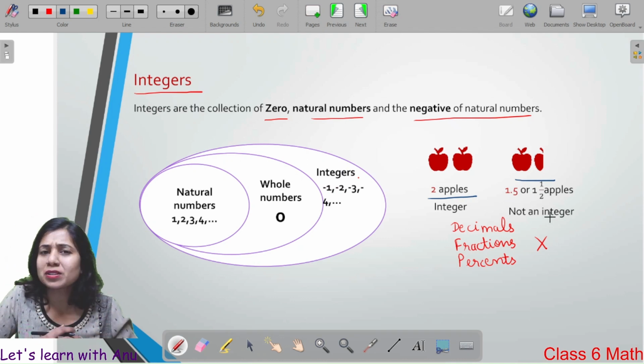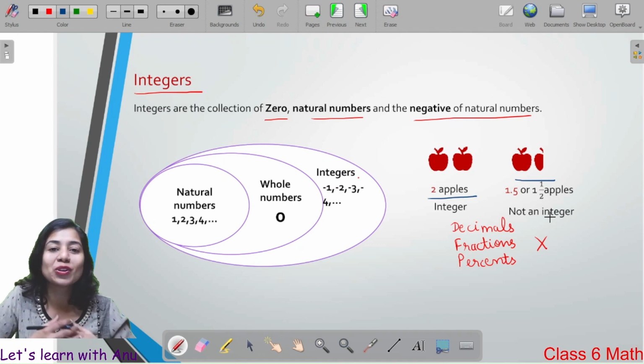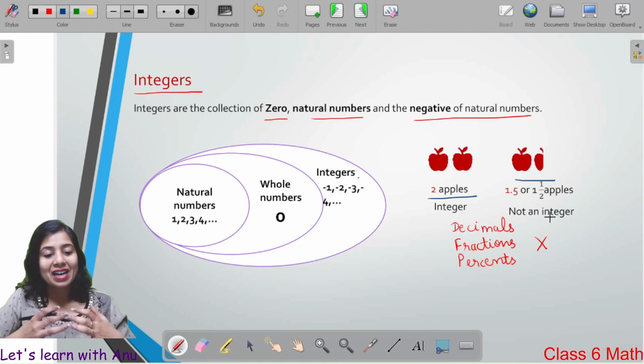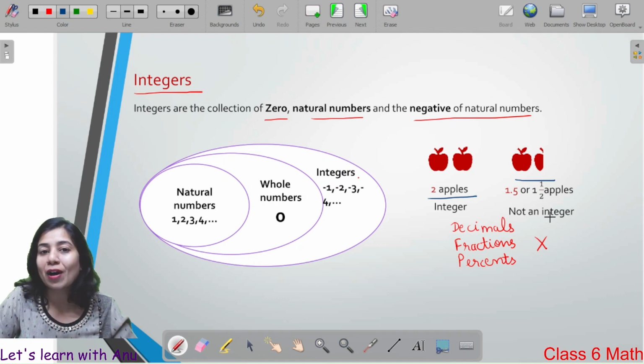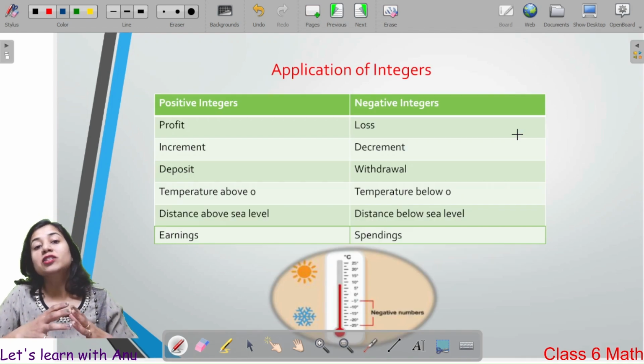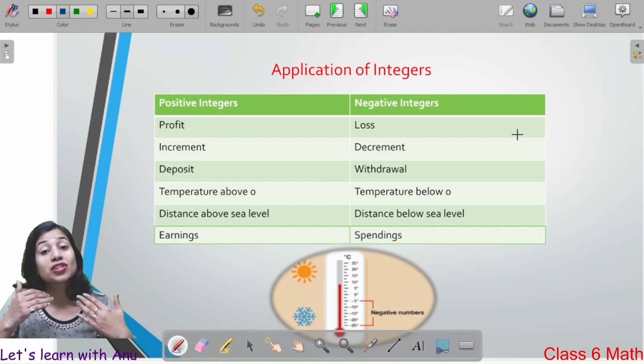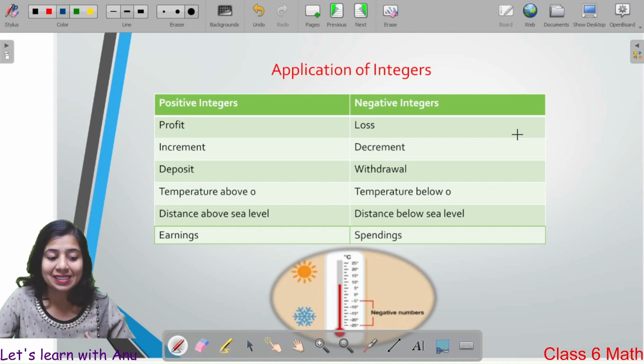Now you all must be thinking, why are we learning all this? These questions usually come up in our mind. So I'll answer that: we have some real life applications of integers. Integers are generally used to signify two contradicting situations. They're not just any numbers, they are numbers with signs.